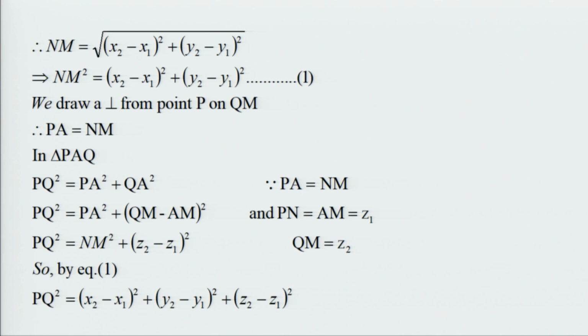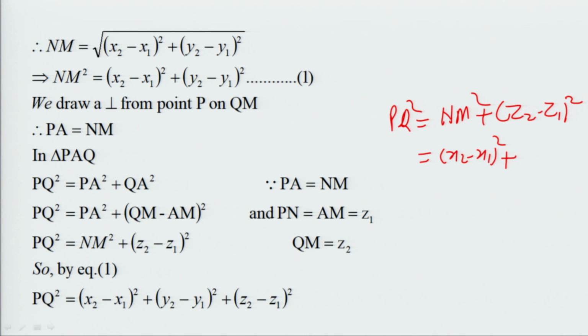Putting the value of this, we have PQ square equals nm square plus z2 minus z1 square, and putting the value of nm square from equation 1, we have x2 minus x1 whole square plus y2 minus y1 whole square plus z2 minus z1 whole square.